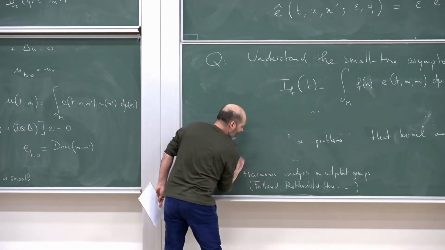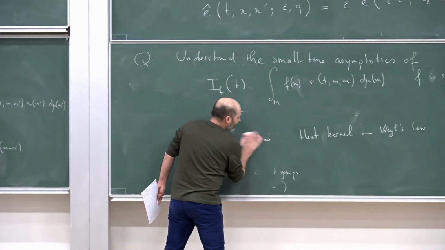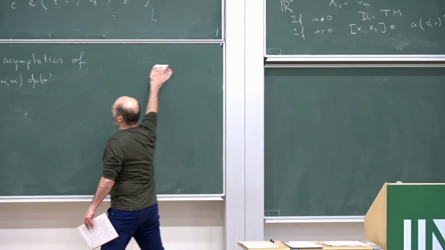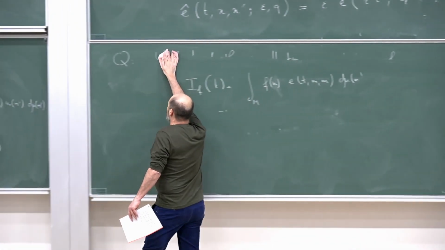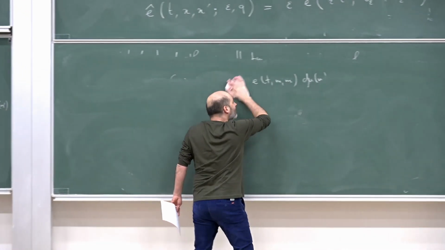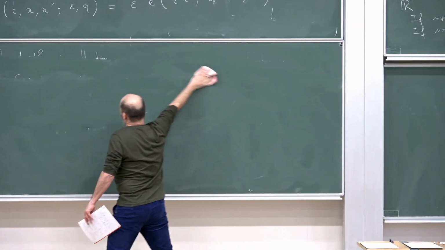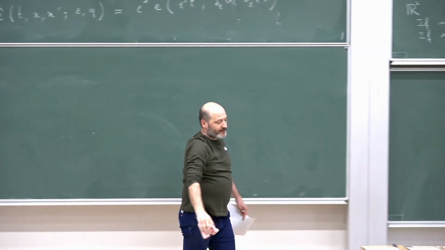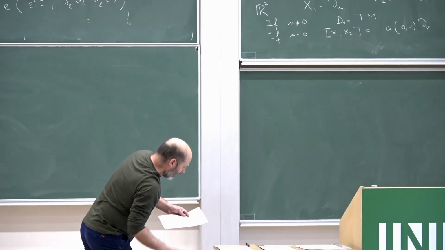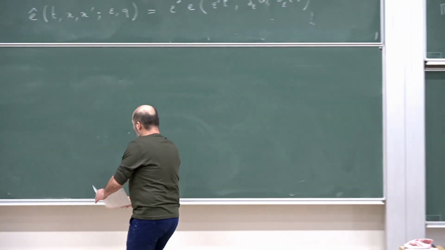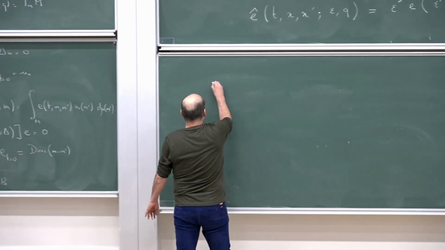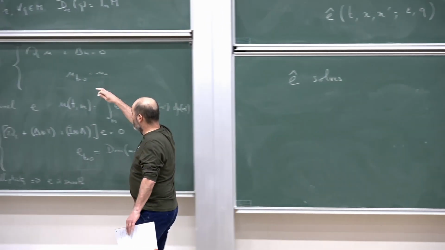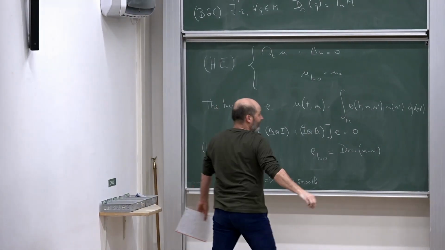Okay, so making a change of variables in PDE is not always a very nice exercise, but in principle, we know how to calculate, and what you obtain is that E hat solves this kernel equation.